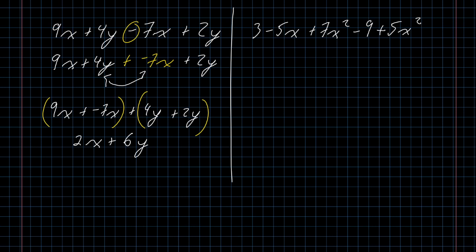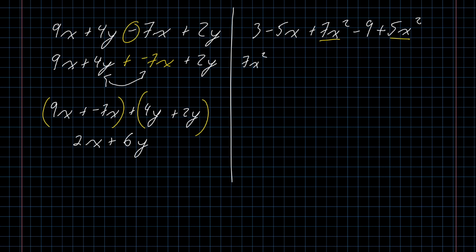This one is starting to get complicated. There are three types of terms in this expression. There are x squared terms. There's two of them. I'm going to identify them and bring them to the beginning.